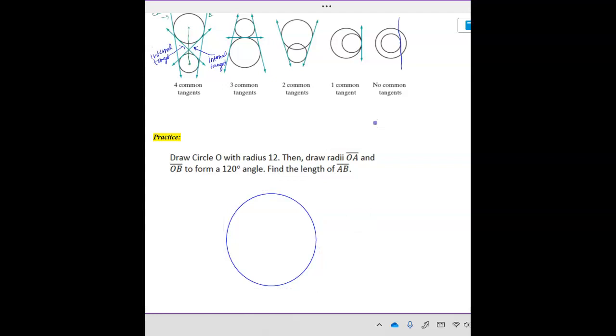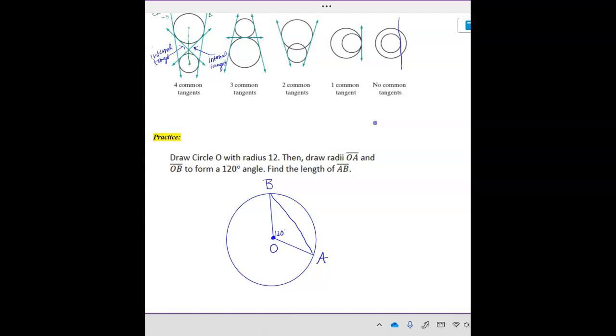So here we've got a circle O, which tells me that the center here is at O. They tell us that the radius is 12, and they want us to draw radii OA, so I'm going to call this OA, and then also radii OB. So here's OA, and I'll draw OB as well. And they tell us that this angle is 120 degrees. And they want us to find the length of AB.